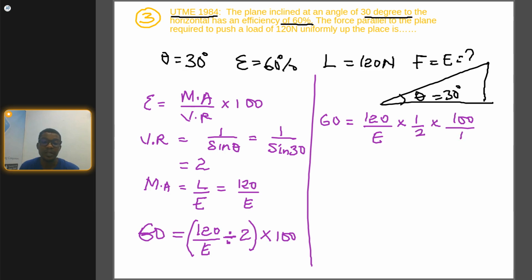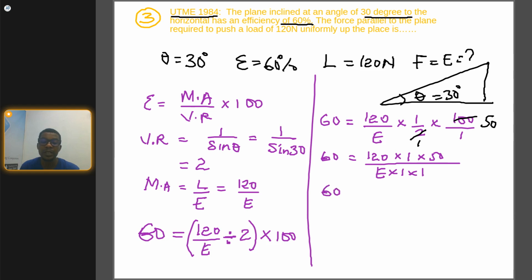By cancelling zeros, do we have any zeros we can cancel? No, but 2 here is 1, 2 here is 50. So we have the next line: 60 equals 120 times 1 times 50 all over E multiplied by 1 multiplied by 1.